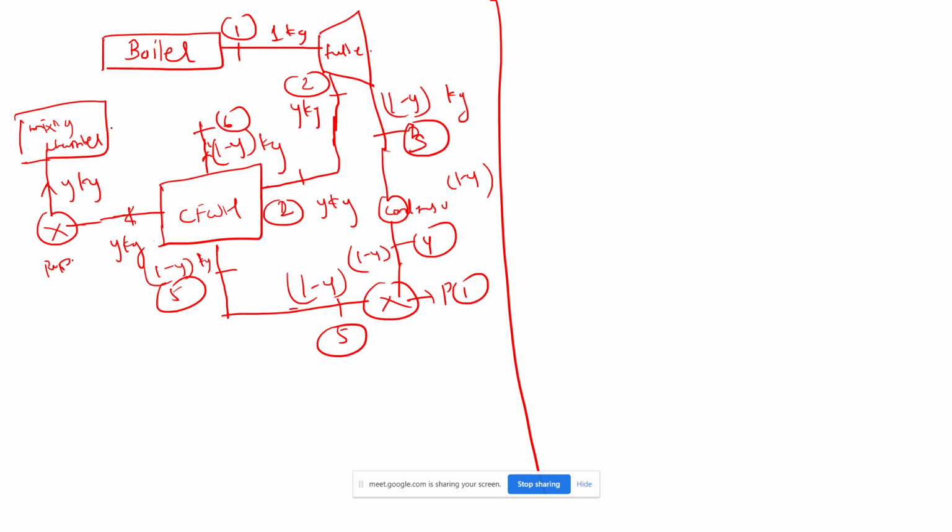So this remaining extract will come here, and then this y and 1 minus y kg will mix up, and here we will get condition 7. Here we will get 8, and this 6 with 1 minus y kg, 8 with y kg. Here we will get 1 kg.